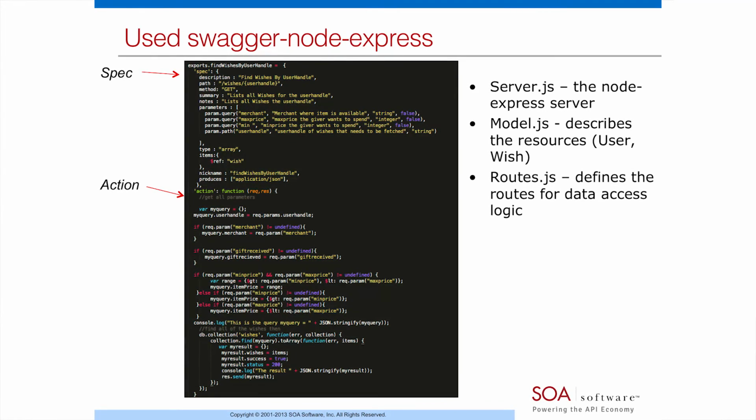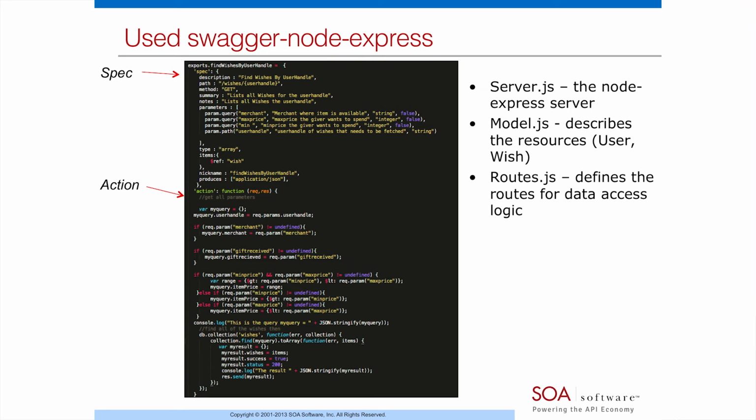Here is the Swagger Node Express. When you use Swagger Node Express, you've got your server file and your model.js, which describes all of your resources. You've got your routes, which define the routes for accessing your data logic. Then in your routes file, at the beginning, you have the spec.